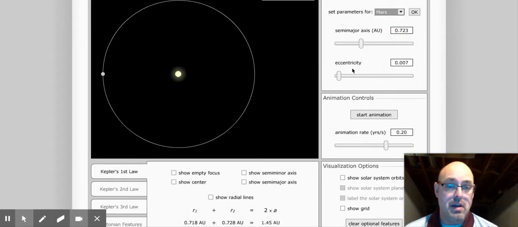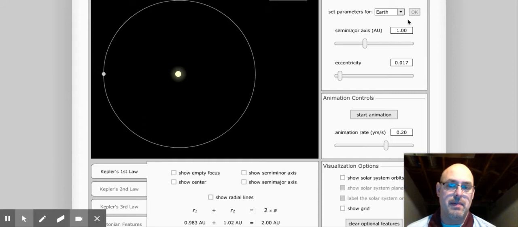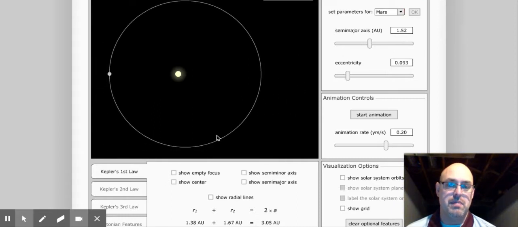Okay. Oops, sorry. I never clicked OK. Let me go back to Earth. Click OK. There we go. There's our Earth. Notice the semi-major axis in astronomical units is 1. Okay. And then Mars. There's Mars.